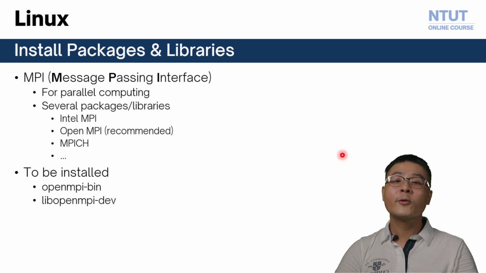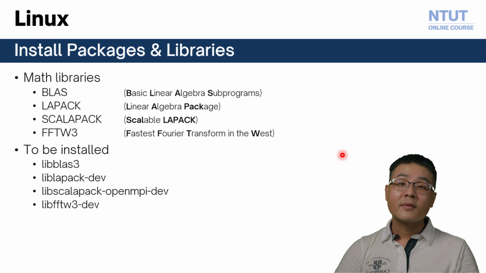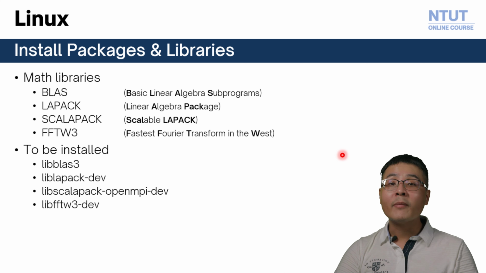So if you want to use this, you have to install openmpi-bin and the library libopenmpi-dev for the executable file of OpenMPI and the library for OpenMPI. And then some of the math libraries are needed because we are trying to do some scientific calculation.